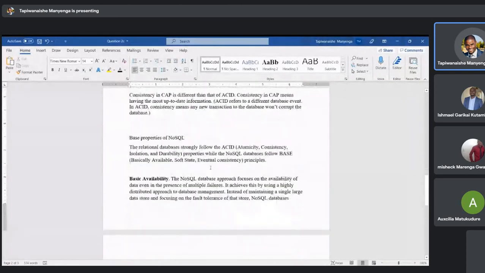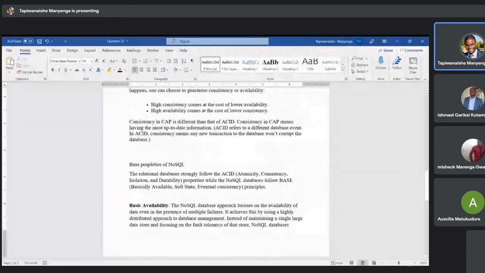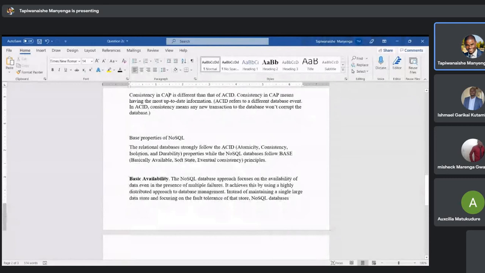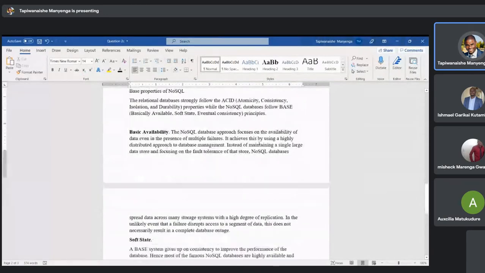Then the second part of the question is you have to explain the best properties of NoSQL databases. So the relational databases follow the ACID properties, while the NoSQL databases follow the BASE, which stands for basically available, soft state, and eventual consistency principles.